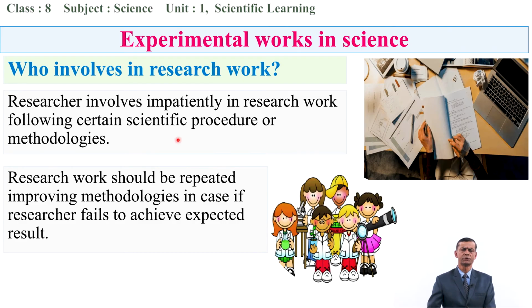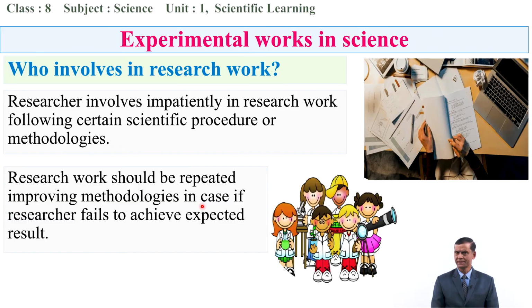So research work should be repeated, improving methodologies, in case the research fails to achieve the expected result, isn't it? What is our expected result? What is our target? If the target is not met, then we should repeat the research work.